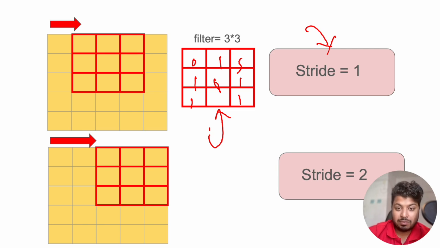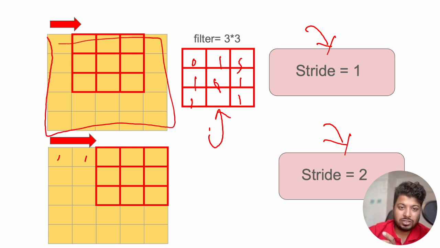And if I have specified the stride as 2, it will move 2 pixels at a time. It's very easy to understand the concept of filter and strides with this figure. At the end of the day, this is just a matrix, and around this matrix, this is the kernel or filter.